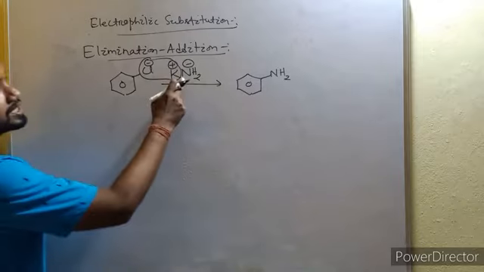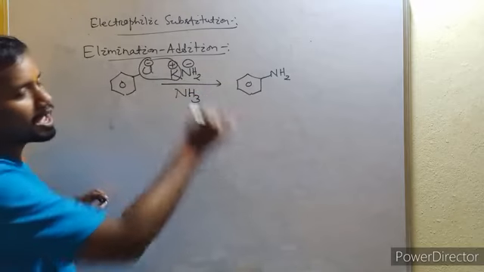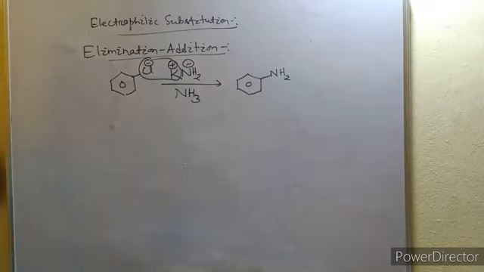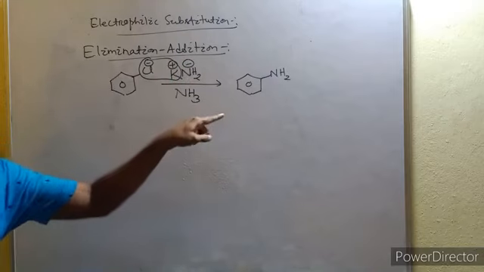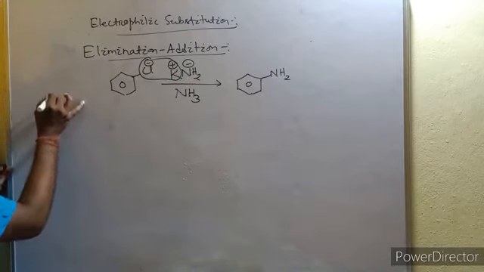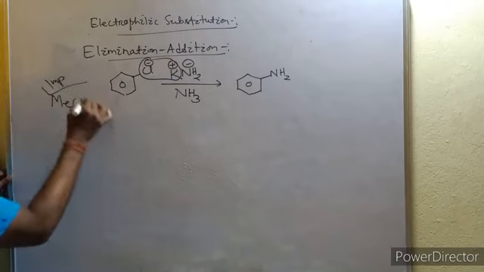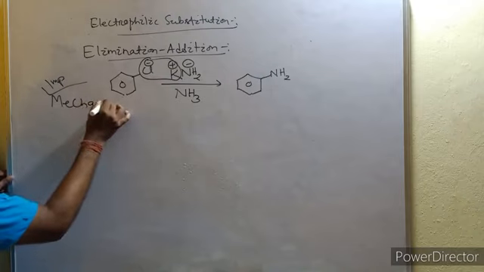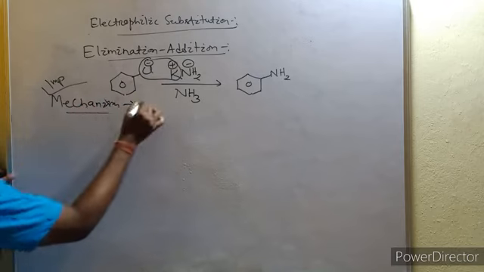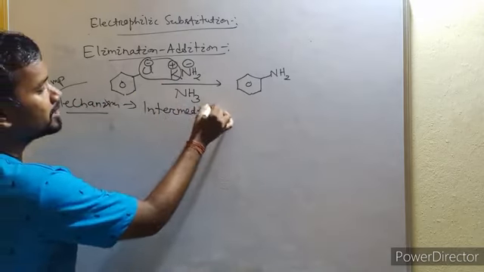Okay. And you have to remember, this is KNH2, so you have to maintain NH3 solvent, not aqueous medium. Okay. This is called the elimination addition reaction, and the mechanism goes via an intermediate. Which one is the intermediate?